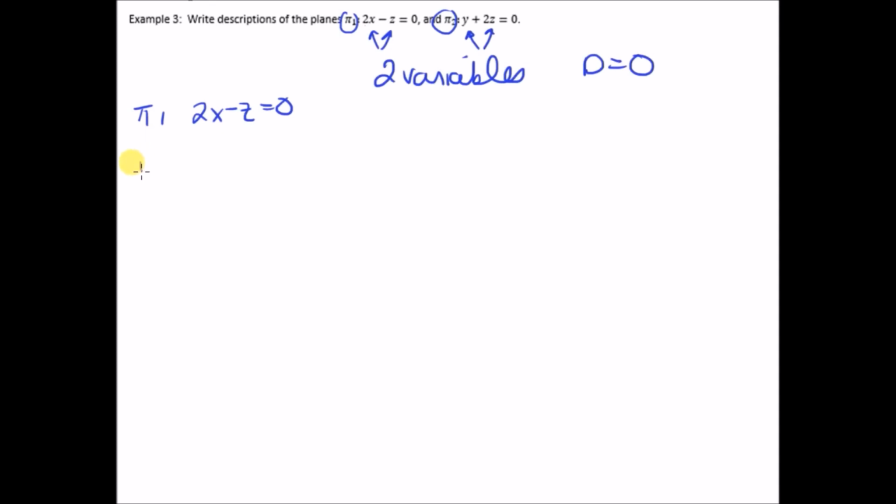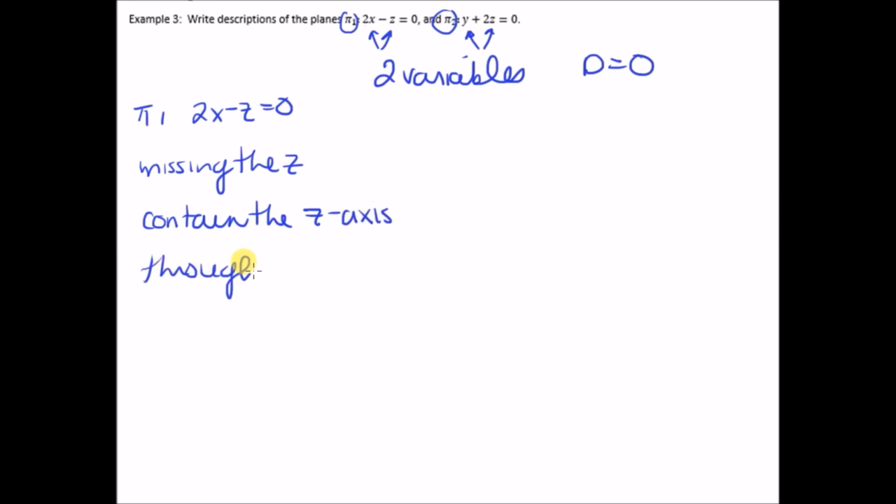We know that we're missing the y, so we are going to contain the y-axis. We know that we're going to go through the origin, and then all we'd have to do is find a point that we could also go through. That's really it for that one.